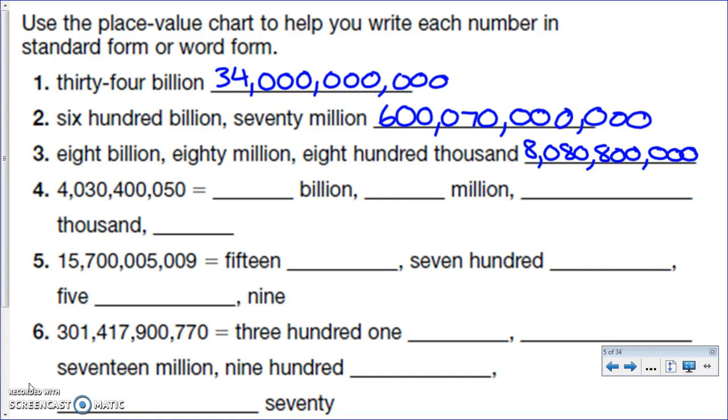For 4, we have it in standard form, and we need to put it in word form. So we have 4 billion, 30 million to start with. Then we have 400,000, 50.